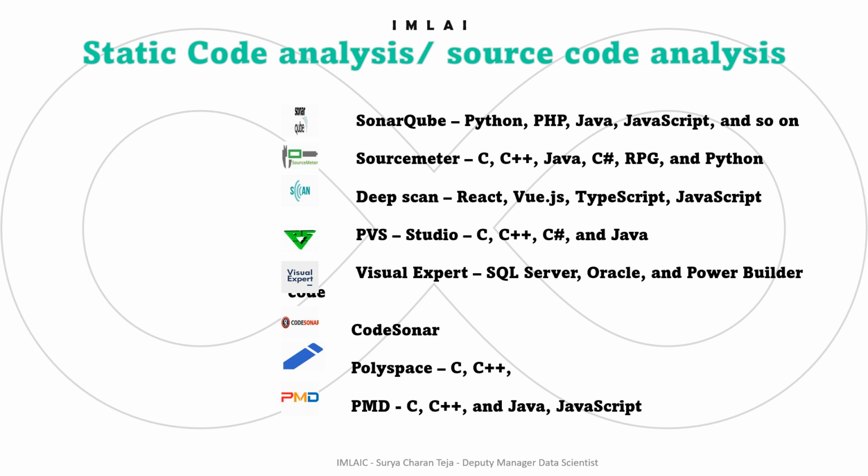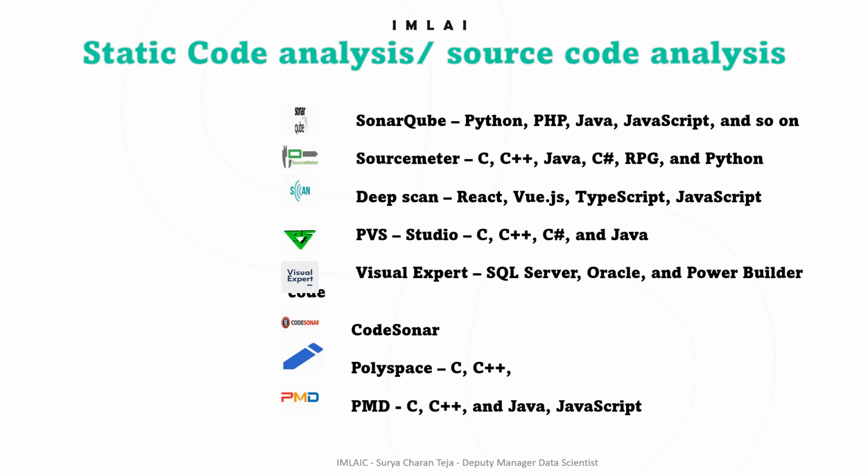The most famous tool, which I really like and widely use because as a machine learning engineer we require a tool for Python and also Java, JavaScript all together, is SonarQube, which is compatible with Python, PHP, Java, JavaScript, and so on. In addition to that, we use Visual Expert, CodeSonar, PMD, DeepScan, PVS. So that's it about static code analysis.